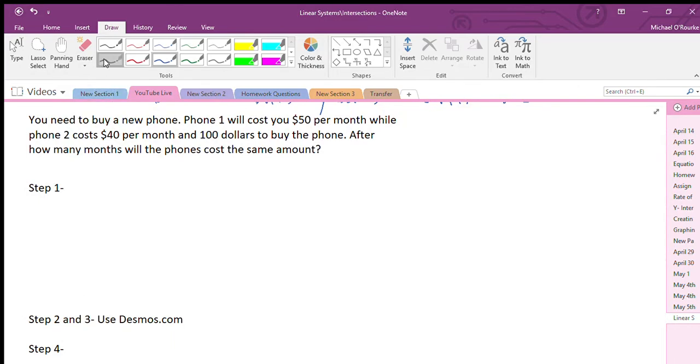So let's do this. You need to buy a new phone. Phone 1 costs $50 per month, while phone 2 costs $40 per month plus $100 to buy the phone. After how many months will the phones cost the same amount? All right, so step 1, let's put X and Y over here as we make an equation.